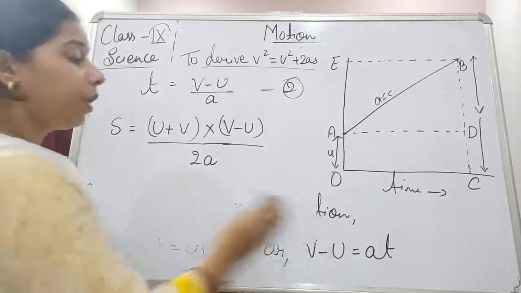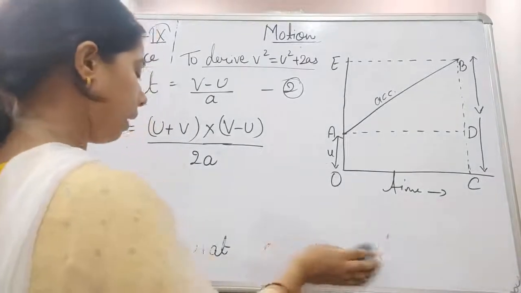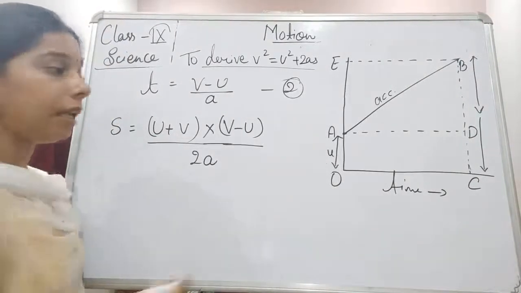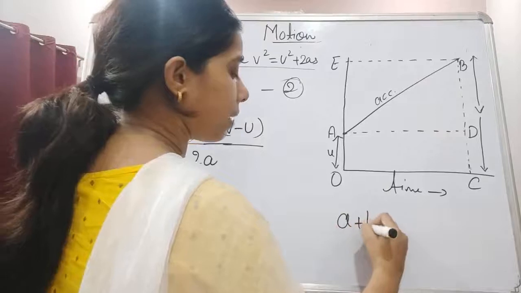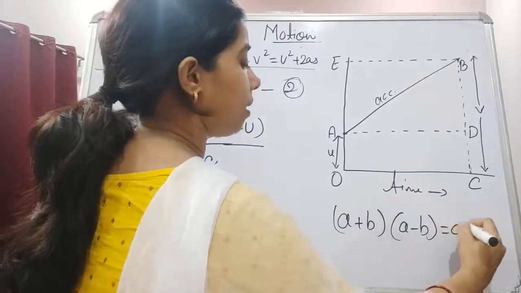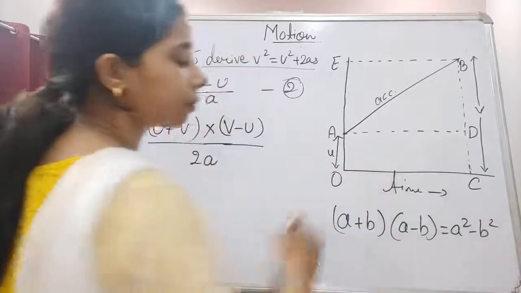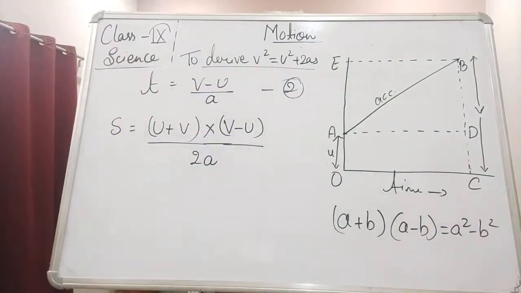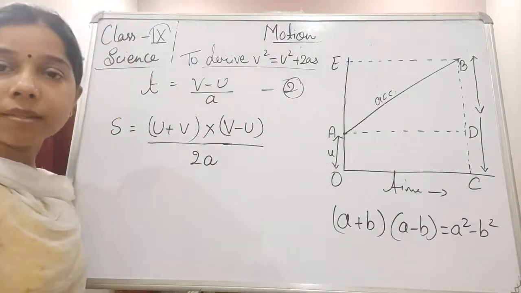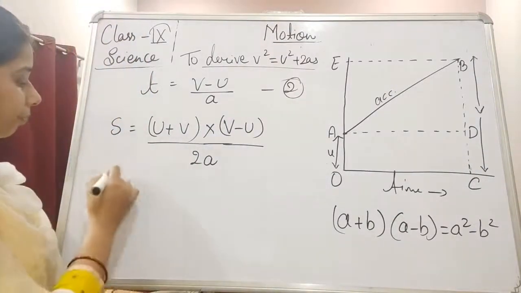Now we know the formula, student: a plus b into a minus b is equal to a square minus b square.